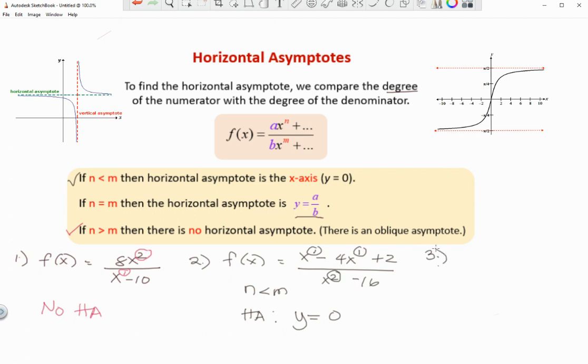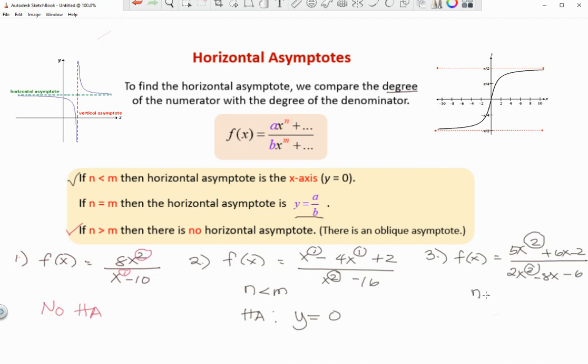All right, number 3, let's have f of x equals 5x squared plus 6x minus 2, all over 2x squared minus 8x minus 6. What's the degree? The degree here is 2. The degree here is 2.